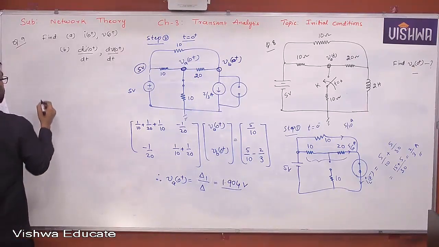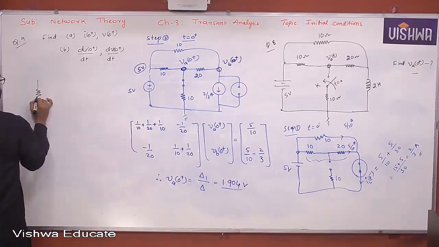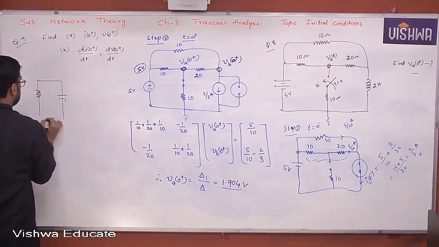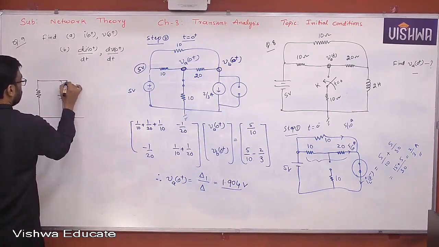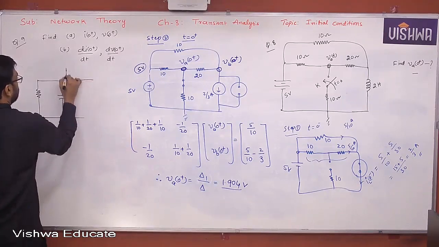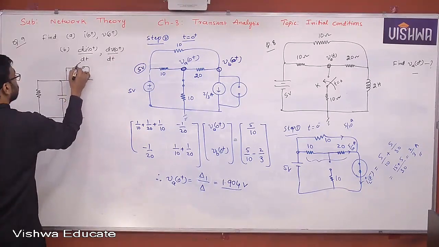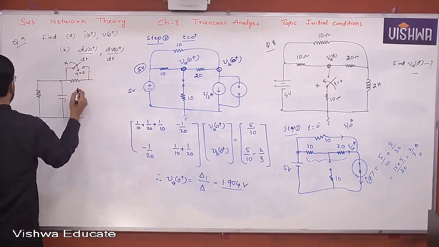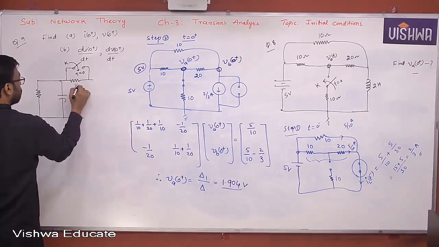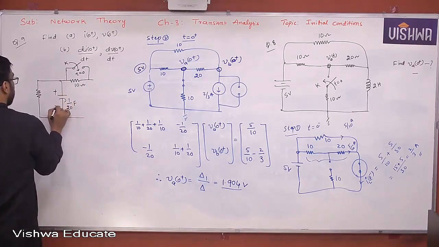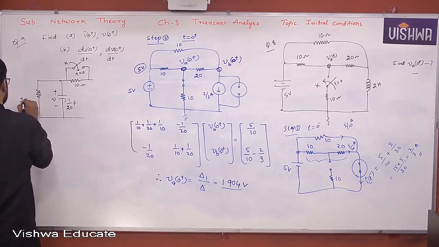What is the network given? 1 by 20 farad, this is V, this is 2 ohm.